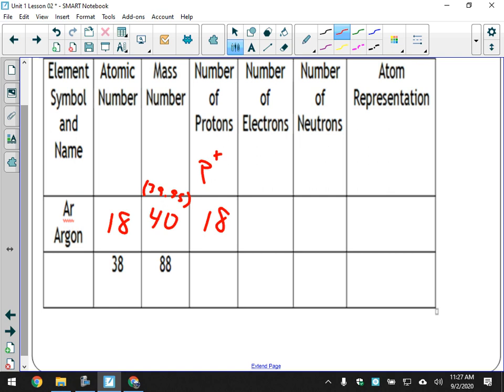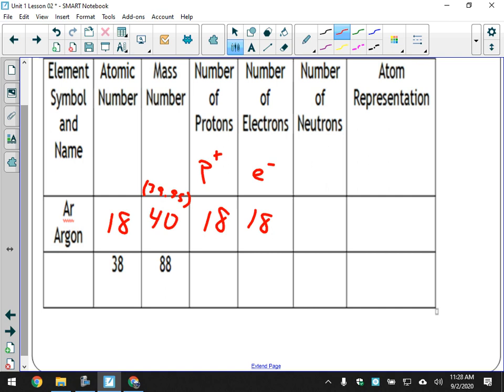That's how you're going to label protons. It's easier than saying protons, right? We're only going to do a neutral atom. So how many electrons does it have? It's neutral: 18 positives, 18 negatives, okay? 18 electrons. So this is a neutral atom. If I have 18 positives, I have to have 18 negatives.